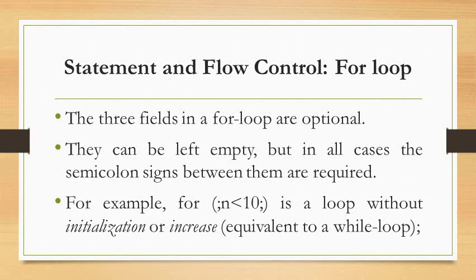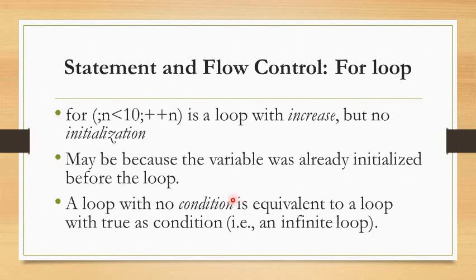You can ignore the first and the last. The other one, for semicolon n less than 10 semicolon plus plus n, is a loop with the increment here but no initialization. You can do it either way, maybe because the variable was already initialized before you enter the loop.